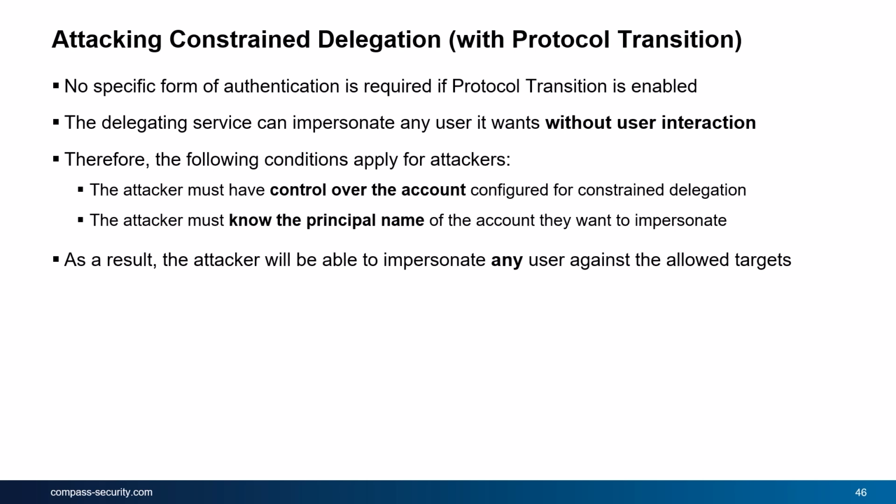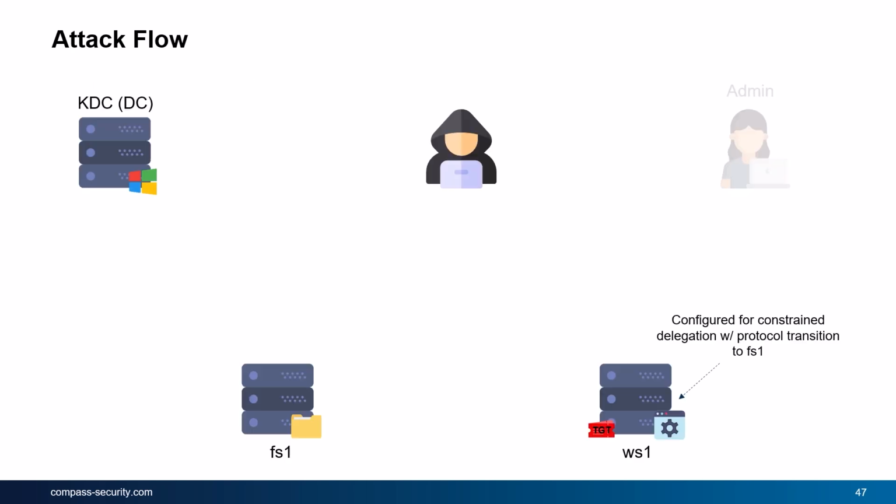And with that, we can then simply impersonate any user that we want against the allowed targets. So the attack flow that we are going to see next in the demo essentially looks like that. The user is basically out of the picture because we don't really need a user to be present. Normally for the protocol flow it will be the case, but for the attack it's not required.